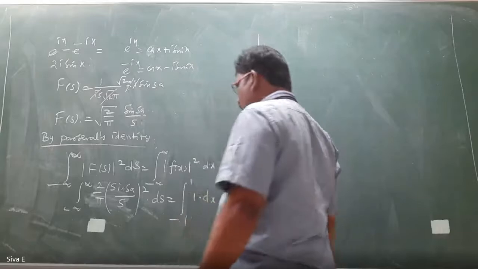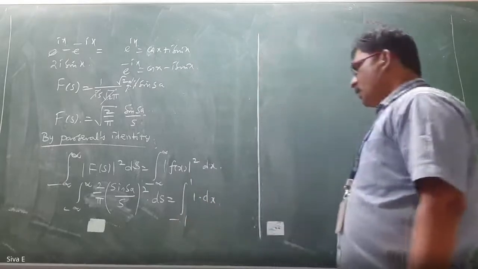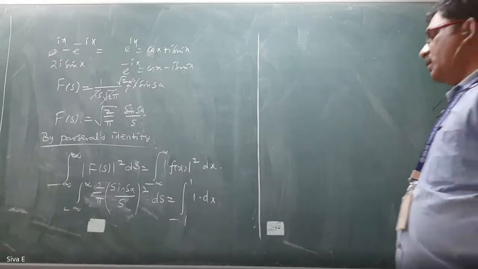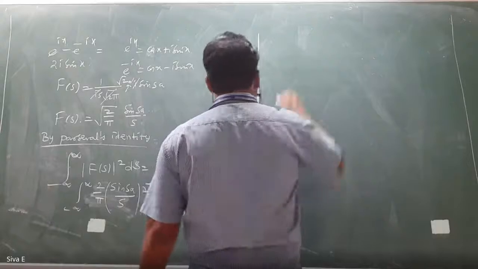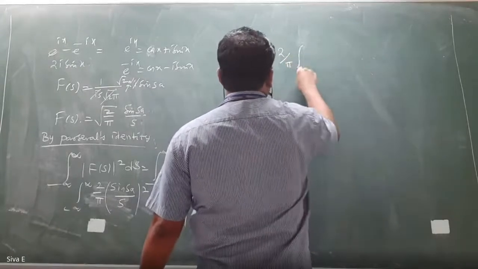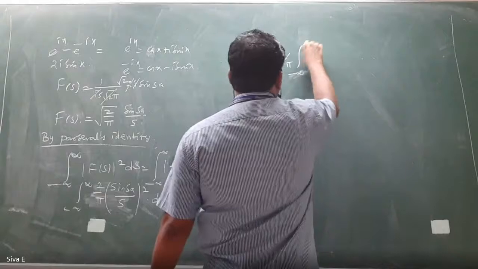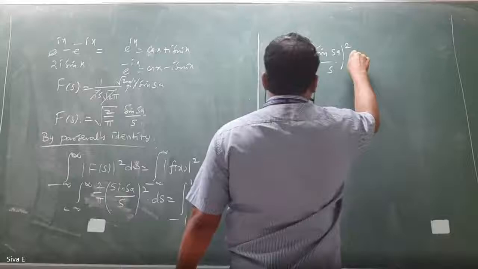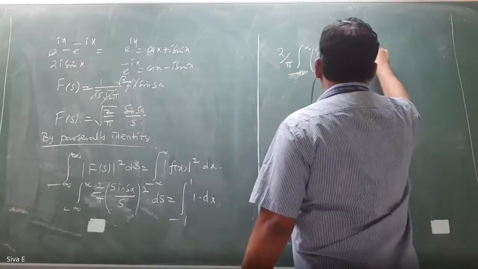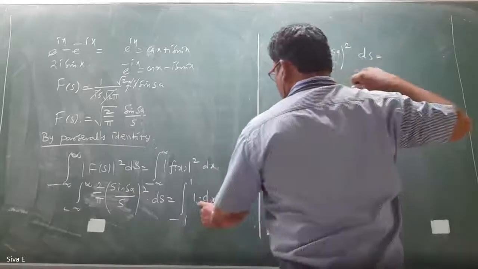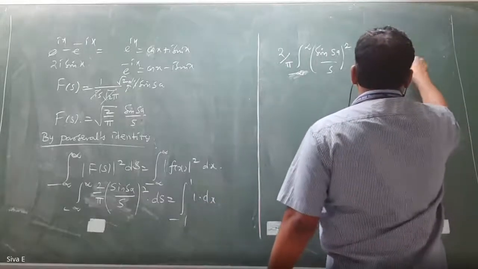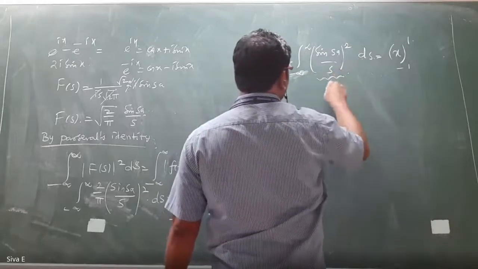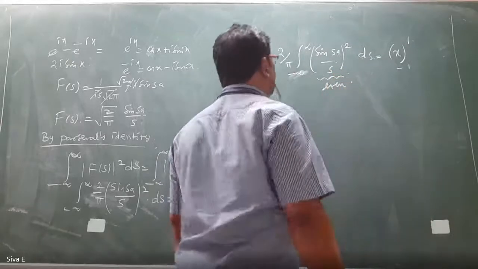Sin sa by s whole square. Here take 2 by pi outside. 2 by pi times the integral from minus infinity to plus infinity of (sin sa by s) whole square ds equals, if you are integrating this, you will get x from minus 1 to plus 1. But that (sin sa by s) whole square is an even function.